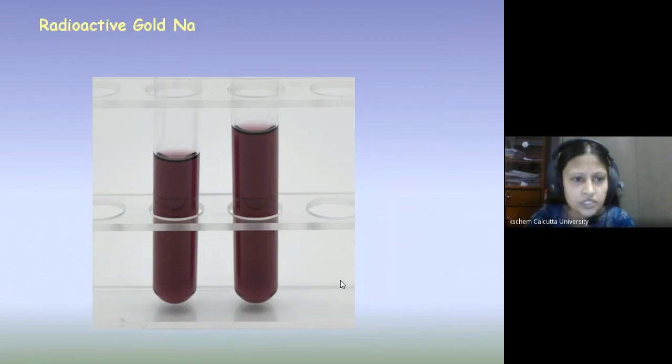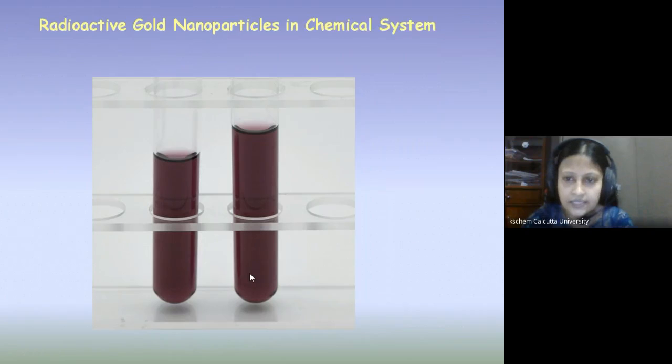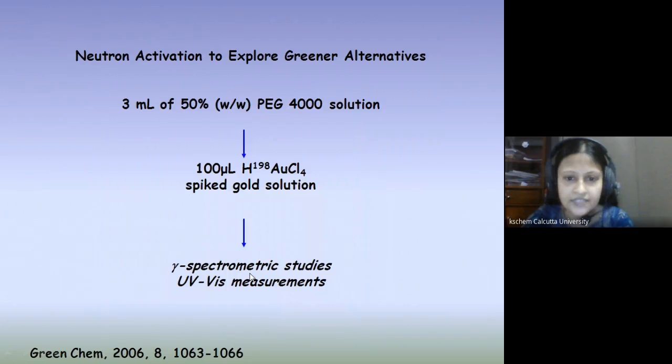So, we produced radioactive gold nanoparticles using neutron activated gold, that is 198 radioisotope of gold. We took an auric chloride salt solution and spiked this radioactive gold salt to stable gold salt solution and added to polyethylene glycol 4000 solution and allowed to settle for some time.